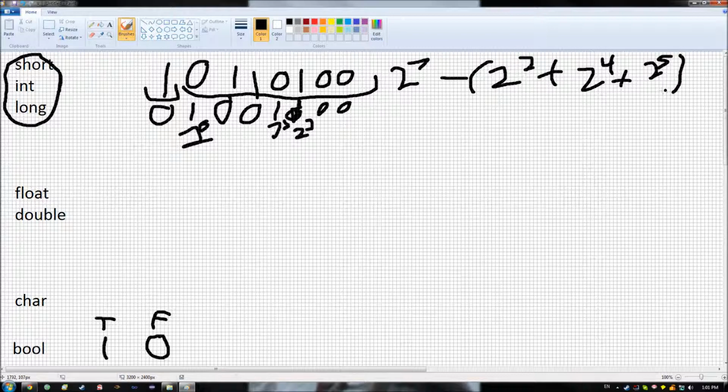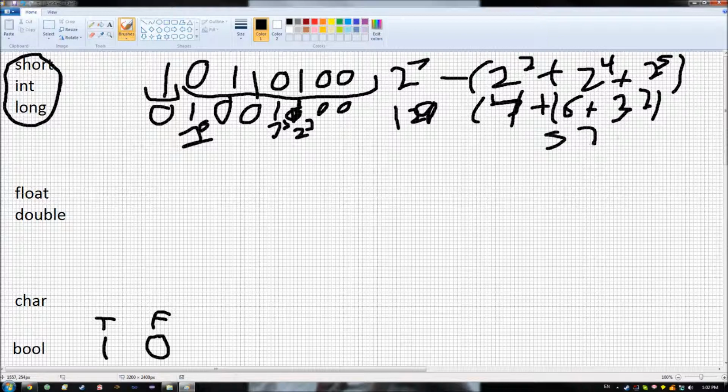I don't expect you to have all these memorized in terms of what these are, but 2 to the 7 is 128. 2 to the 2 is fairly obviously 4. 2 to the 4 is 16. And 2 to the 5 is 32. So what you then have here is effectively 52 coming out of 128, and so you end up getting 76 for your result.